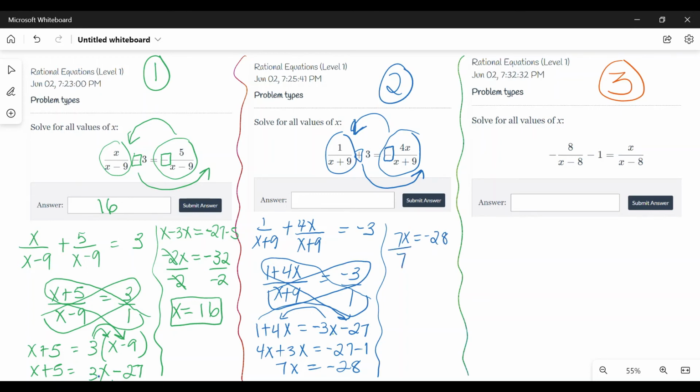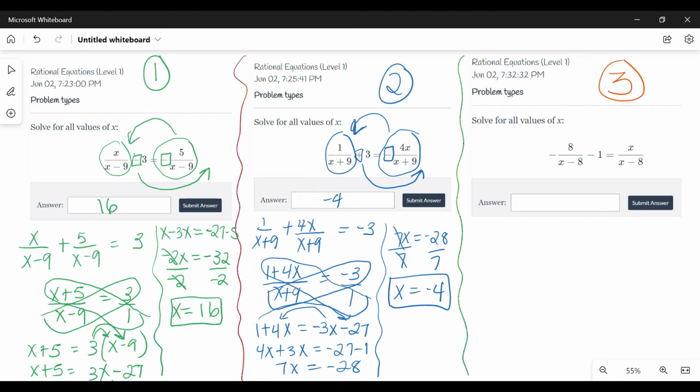Alright, so now last thing we need to do is divide by 7, so we can isolate that x. Therefore, x is equal to negative 4. And again, you want to go ahead and check that your answer is not extraneous, which is just plugging your answer into the equation, simplifying and making sure you have a true statement.